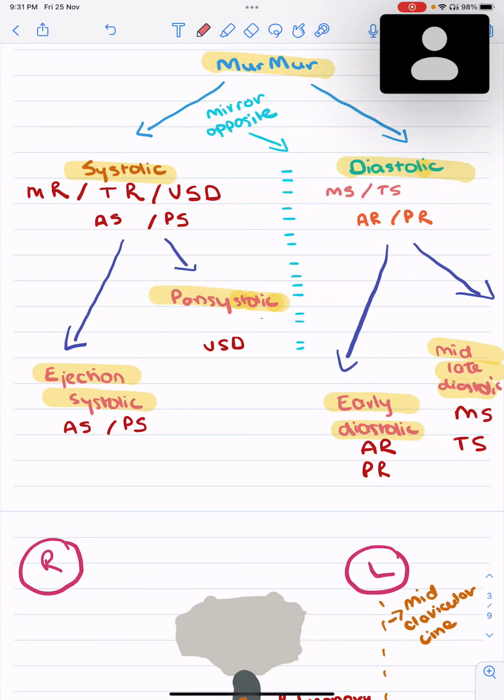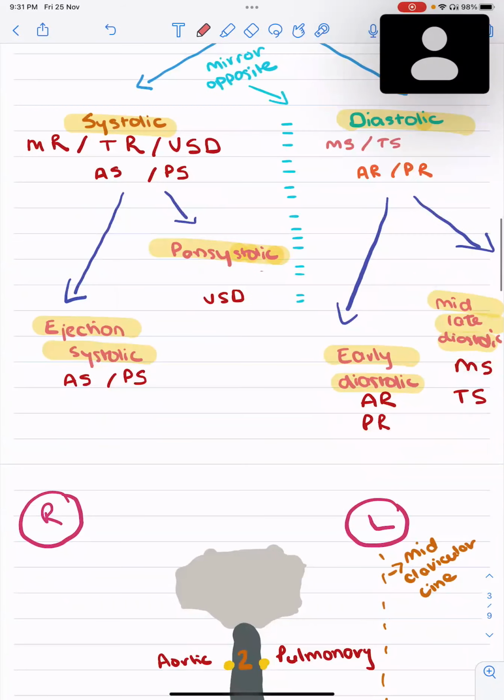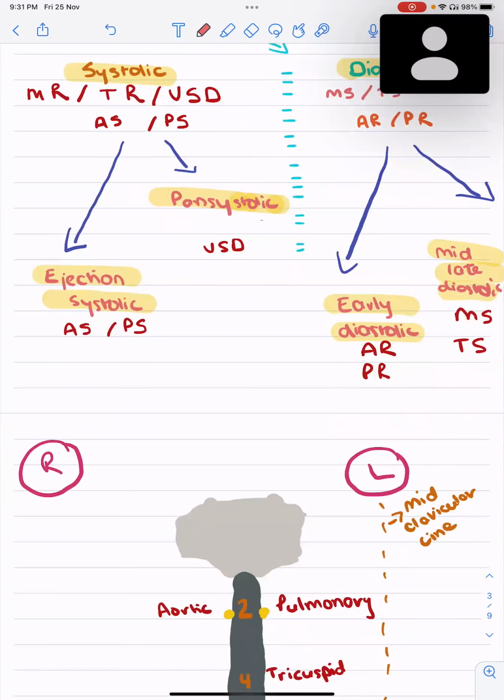Oh yeah, that's perfect. Similarly, in diastolic, we are having two: early diastolic and mid-late diastolic. So what is basically early? You don't need to go into the detail, but let me explain. Since the diastolic phase starts after S2, there's this early and there is this mid-late. The murmurs of mitral stenosis and tricuspid stenosis come in the late part, and in early diastolic there is aortic regurgitation and pulmonary regurgitation.